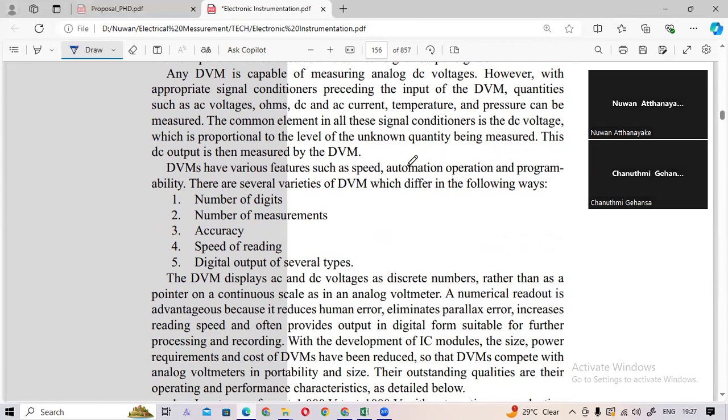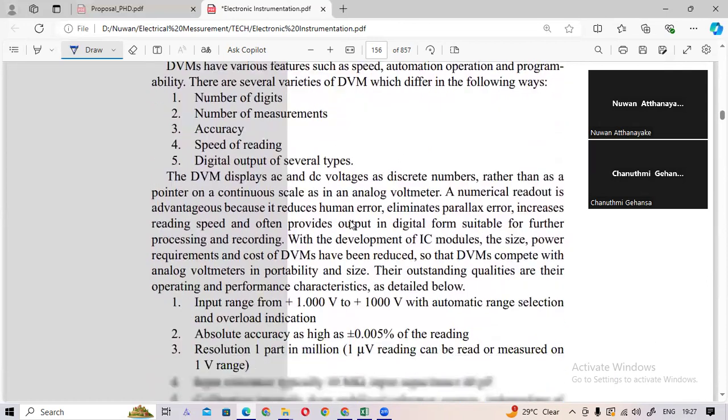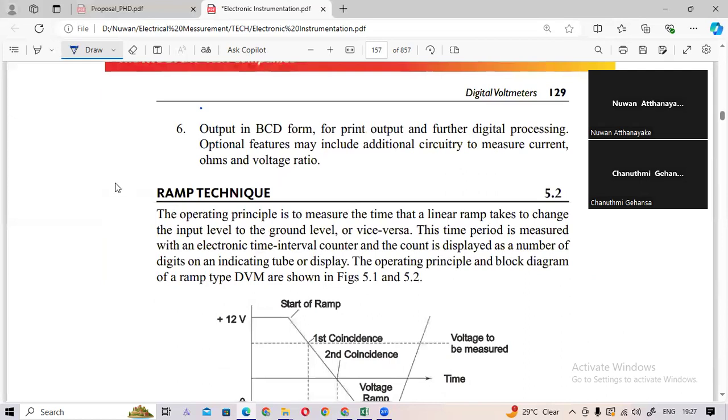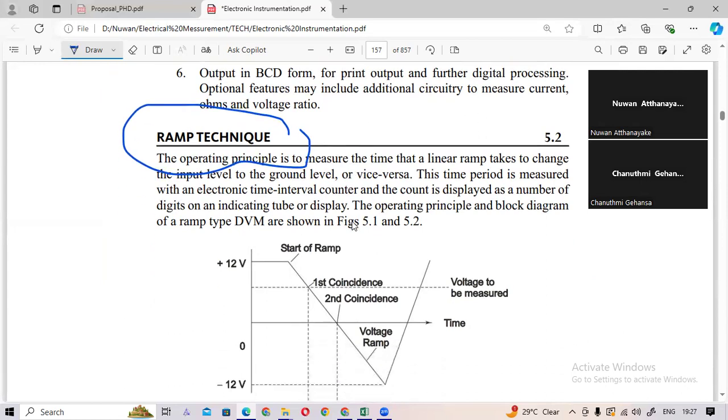Those are these features, you can see them. And also there are different types of techniques used to implement a digital voltmeter. So this is one technique, the ramp technique. This ramp technique is used to implement a digital voltmeter, so we will see what is the theory behind it.